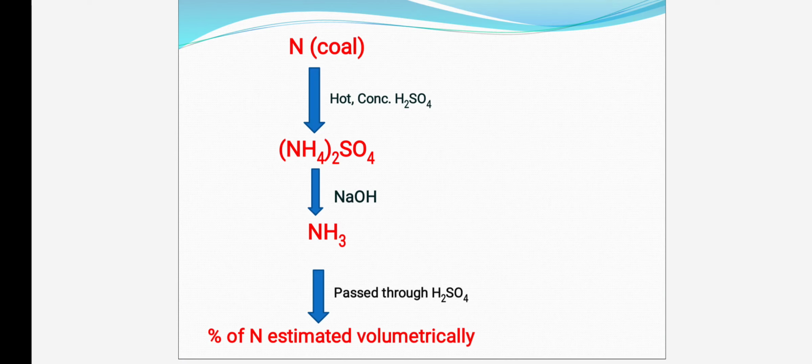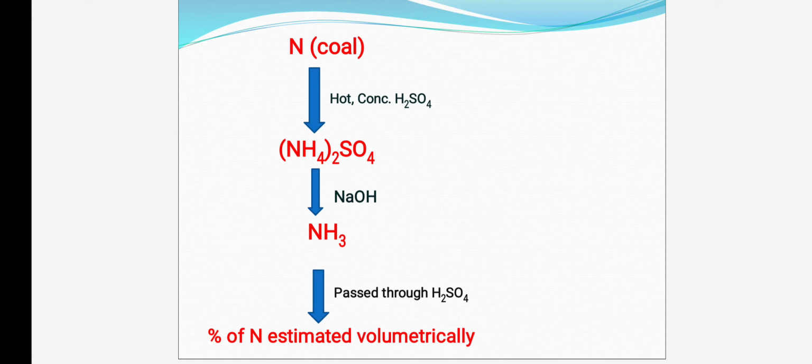Now the produced ammonia, we have to pass through the acid, as we have just seen in the diagram, that ammonia reacts with acid, some part of acid is consumed and some part of acid is left behind, that is what? Unused acid. So here we are simply dealing with the volume.